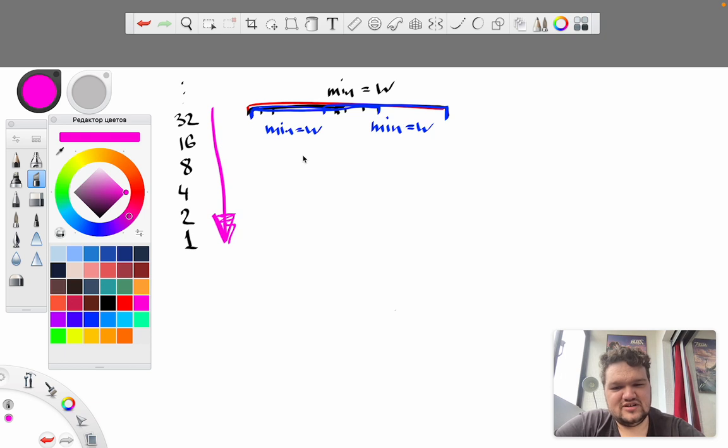When you have a segment of length power of 2, you can split it into 2 segments of smaller power of 2 and push the value from this segment to these segments.